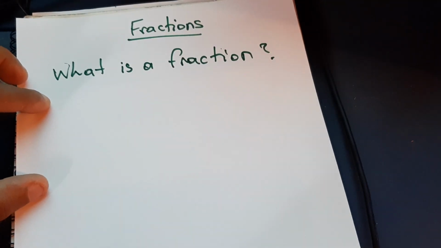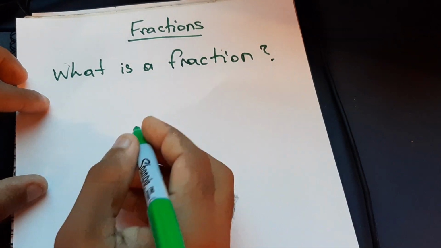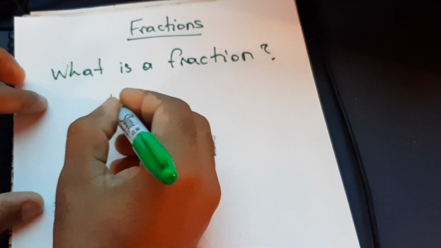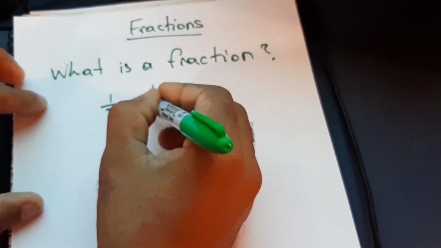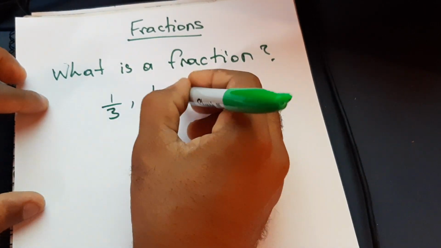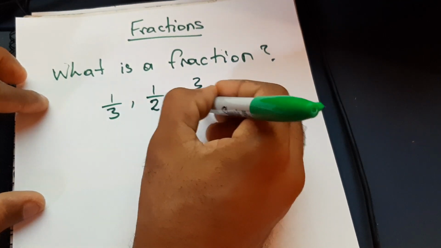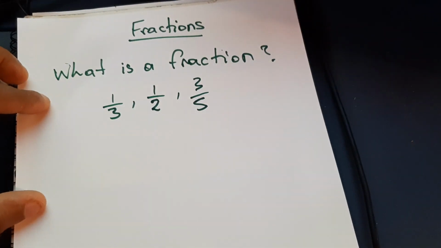Now, what we probably could define a fraction as is a numerical quantity that is not a whole number. It can be 1/3, a half, or 3/5. So those are types of fractions.